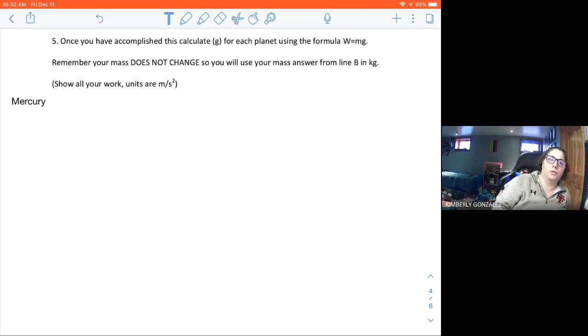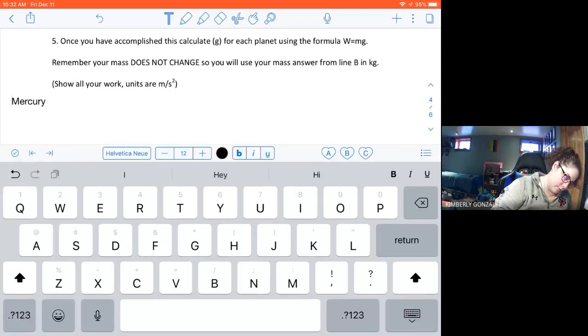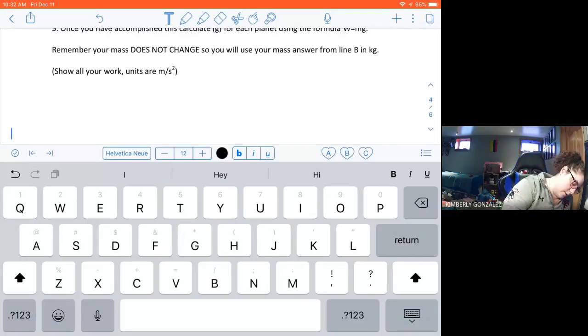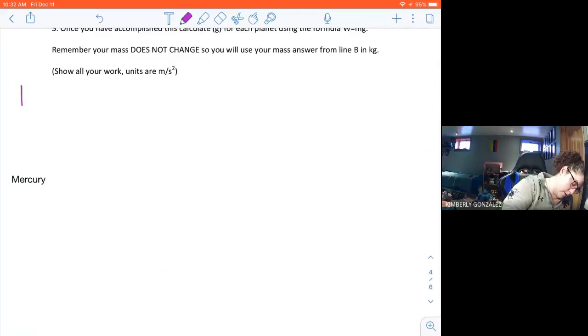All right, so in order to find this, let's write this down here. Here's the generic version of what you are actually doing: W equals mg. This is just the generic so that you can see exactly what you're doing.